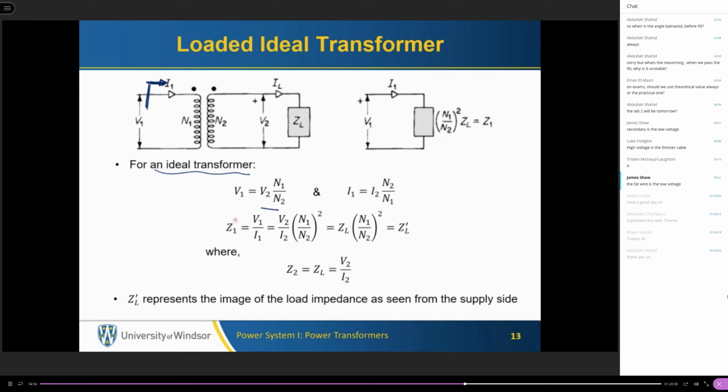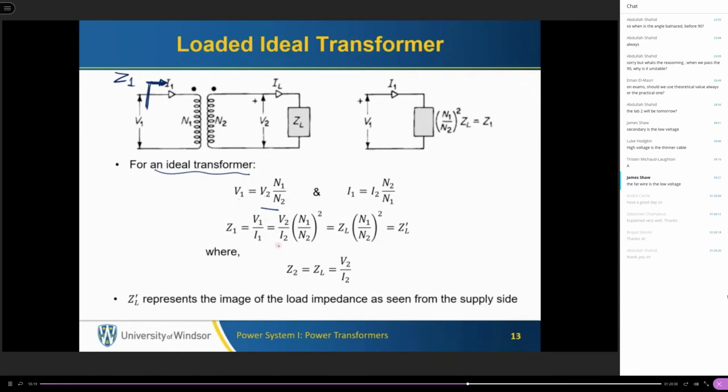Okay. Now we know that Z1, I mean the impedance seen from the primary side, is the voltage divided by the current. So V1 over I1. Now we can replace V1 using these two equations. So we can get V2 over I2 times N1 over N2 squared.